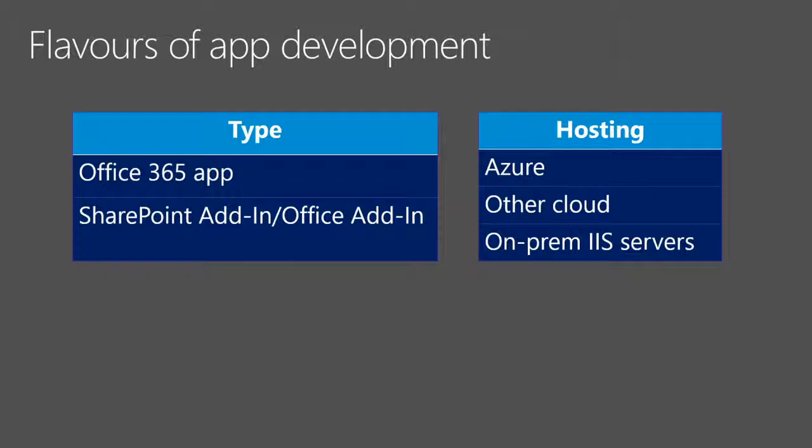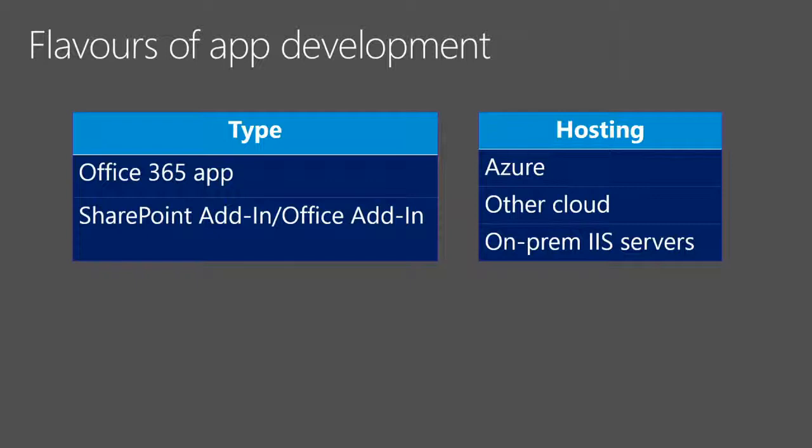The other flavor, of course, is what we knew of in terms of the app model for the last 2 years, and that's really around developing what we'd now call an add-in for SharePoint or an add-in for Office. And that's really using the provider-hosted or SharePoint-hosted models. And things work differently between these two types of apps. We've got different authentication, probably different APIs that are being used, and so on.